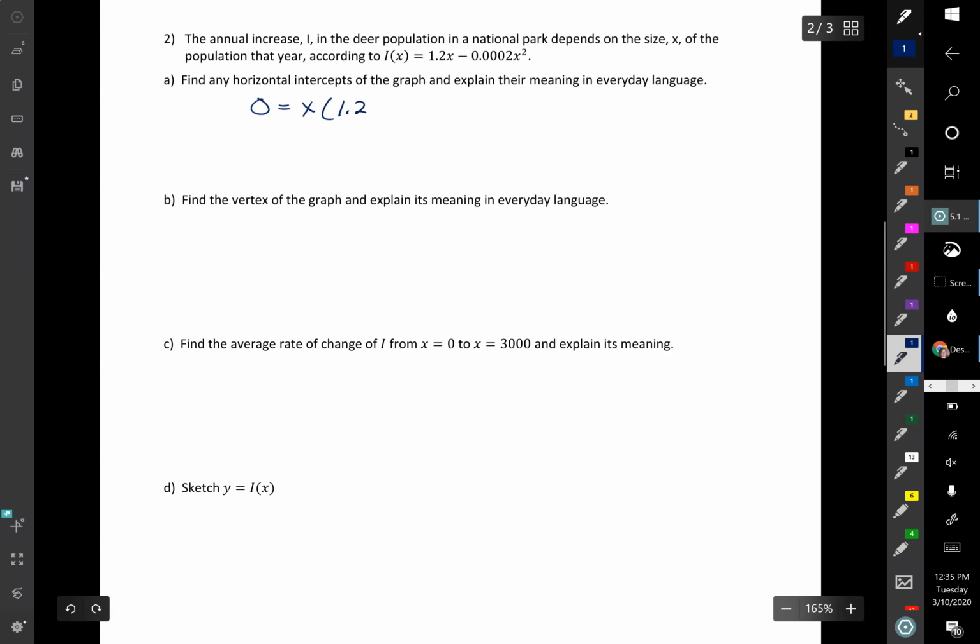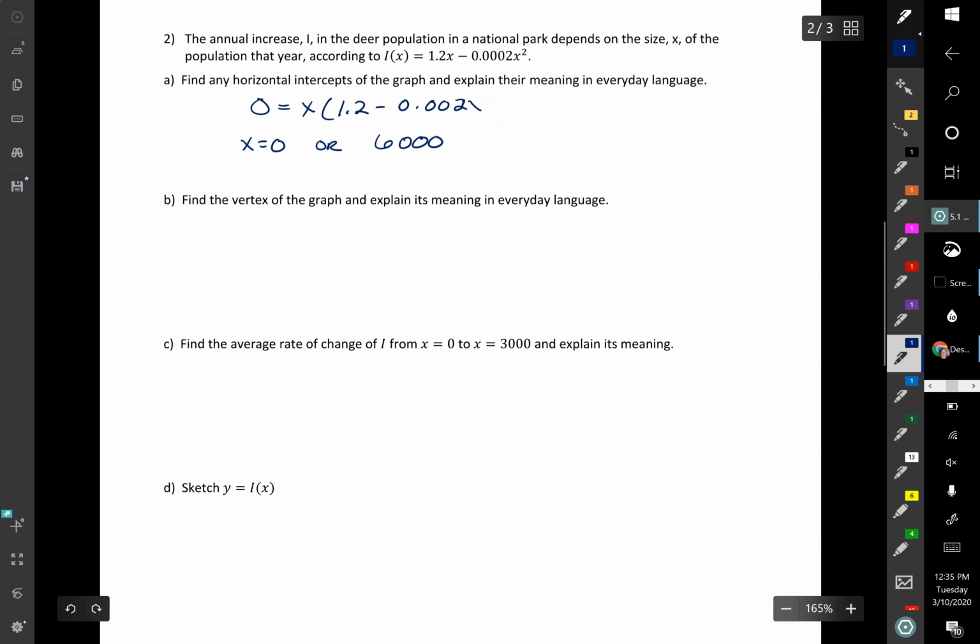And then we have 1.2 minus 0.002x left in parentheses. And so our zeros would be x equals 0.